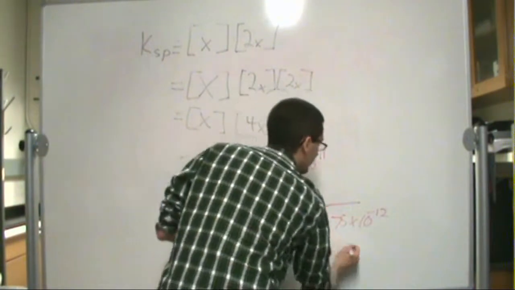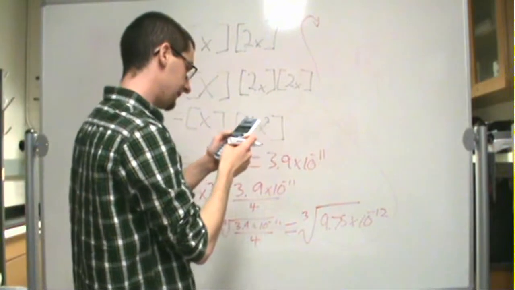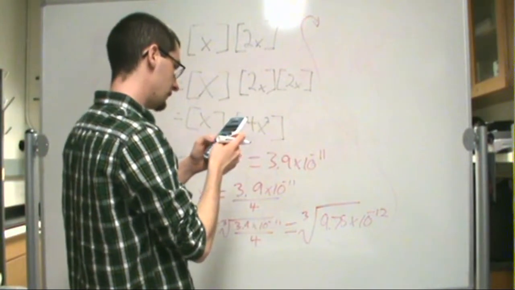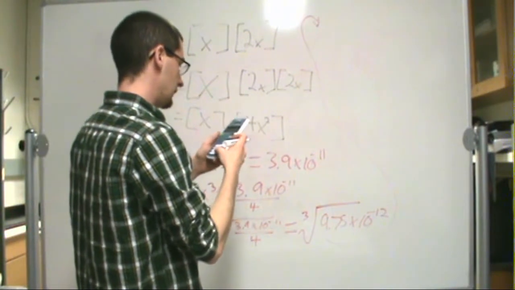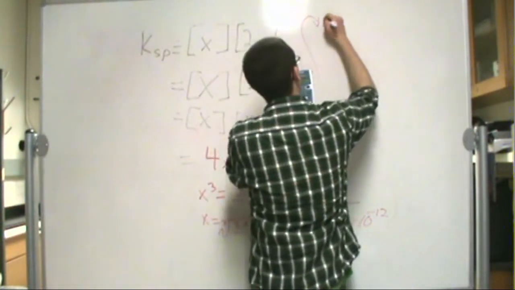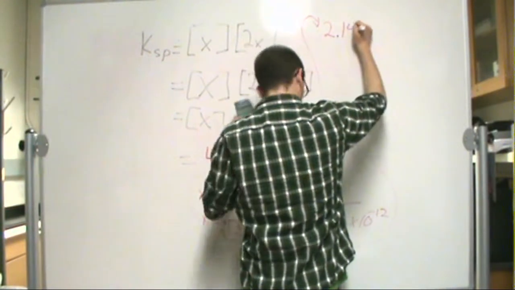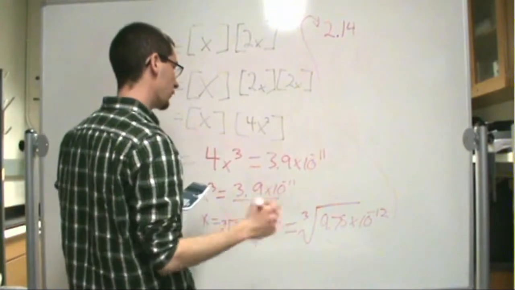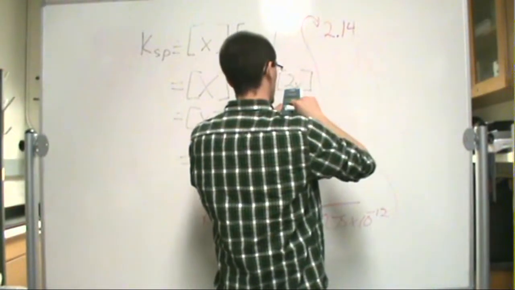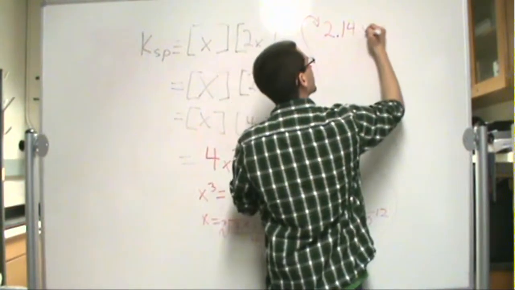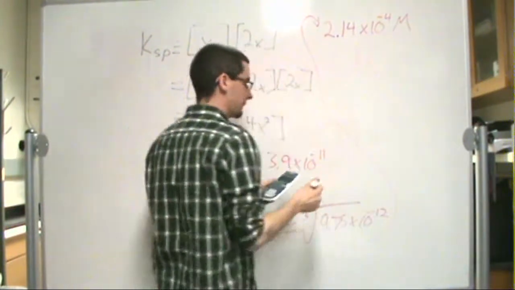So now we're going to take the cube root of that. And we end up with 2.14, I'm going to keep one more significant digit just for calculation purposes, times 10 to the minus 4 molar.